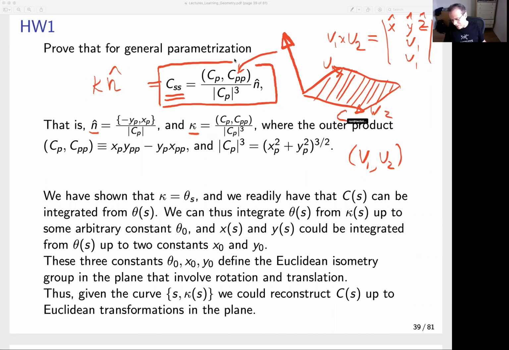Assume that this one would be C_p and this one would be C_pp. And this is by definition how you define the curvature with respect to any given parameterization. Again, I didn't go into the derivation here. It is straightforward. It is given in the book, and I think that Ido would also do that.